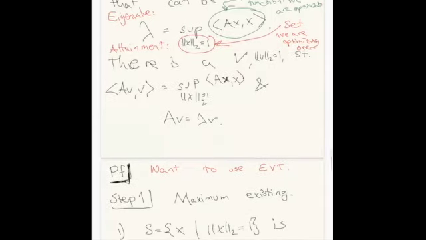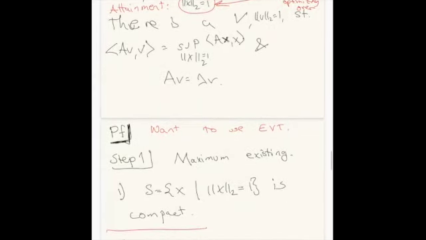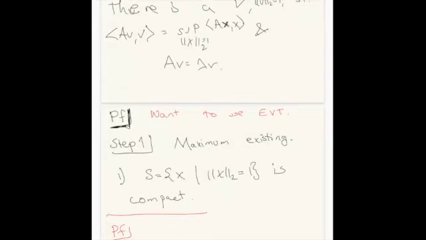And for the set we are optimizing over, what do we need? If we want to prove easily that the maximum exists, the easiest condition, or the one we have to worry about the least, is to say that the set is compact. Well, okay, let's go through this.